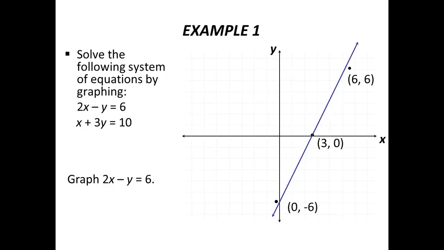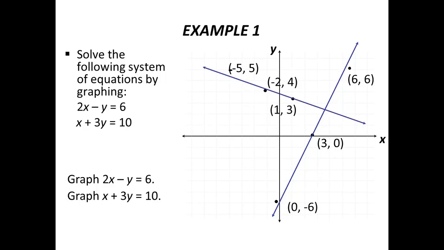Connecting the 3 points with a straight line yields a graph of the equation 2x minus y equals 6. Graph x plus 3y equals 10 by the same method. Choose the points (negative 5, 5), (negative 2, 4), and (1, 3).